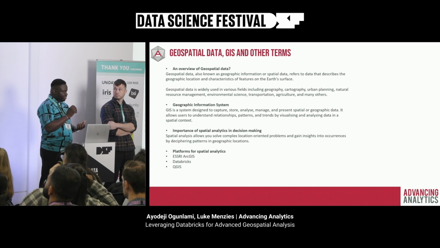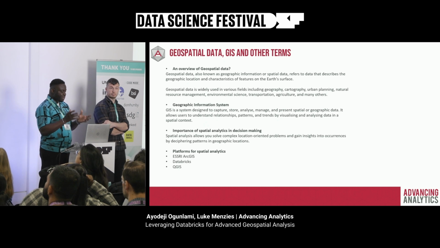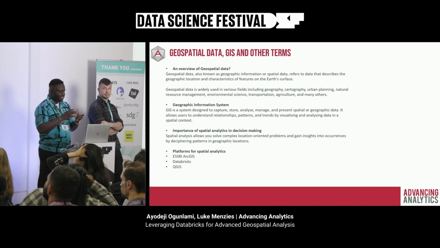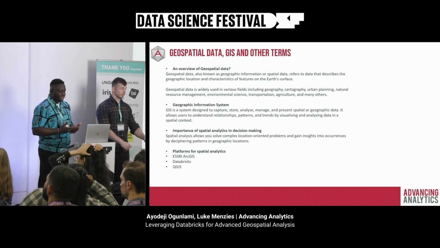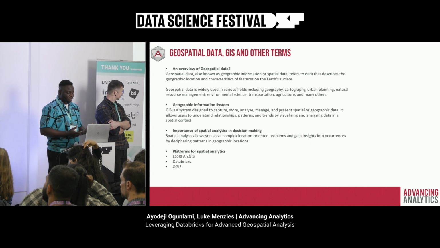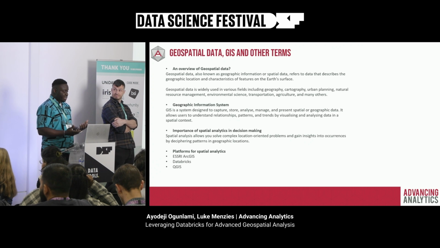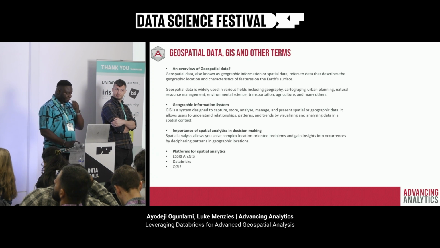This is the point where Geographic Information System comes in. A Geographic Information System is a system that is designed to capture, manage, store, analyze, and visualize the outputs so that you can take the insights you need from it.